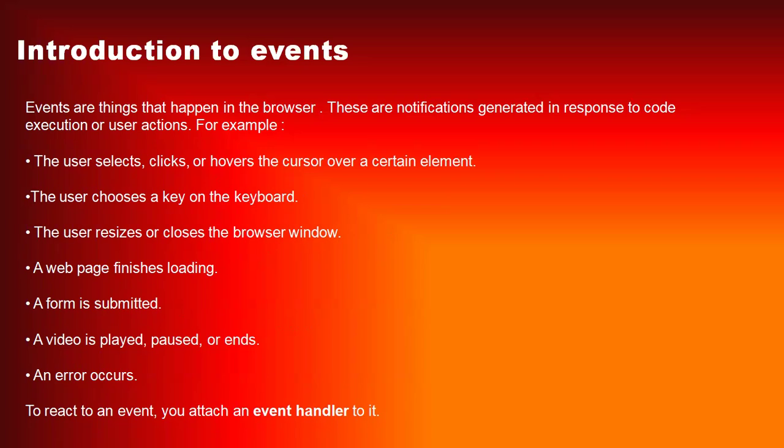These are certain events: on select, on change, on click, on double click, on hover, on focus, focus out, focus in. So you have different types of events. Cursor means whatever the pointer is showing, and when it moves over some element, that is called hover. So these are a few events we have.